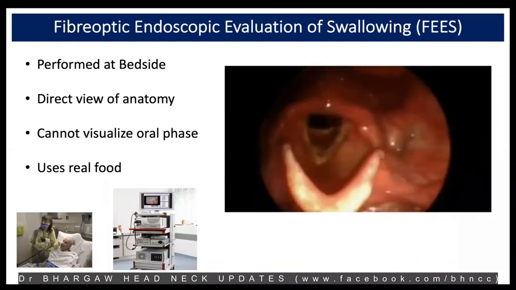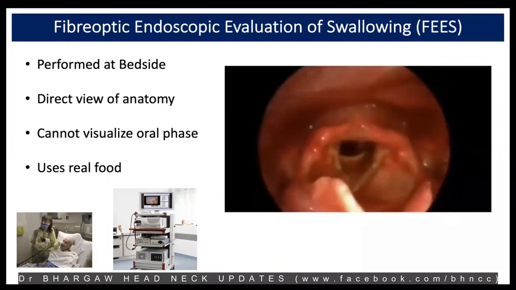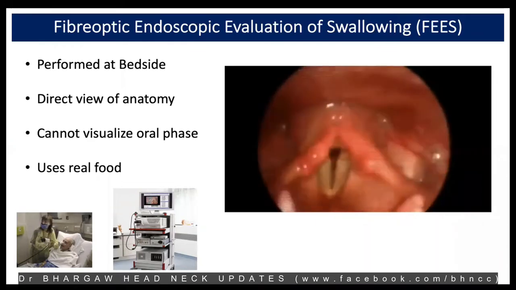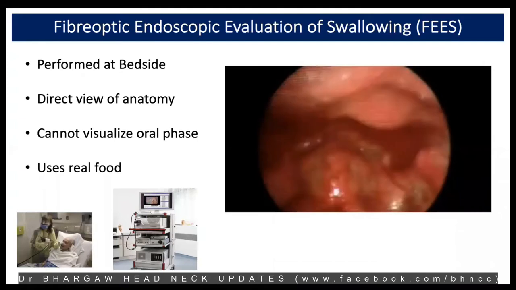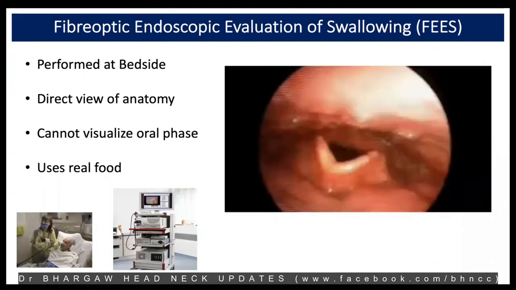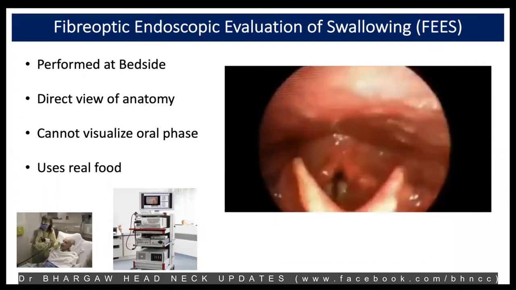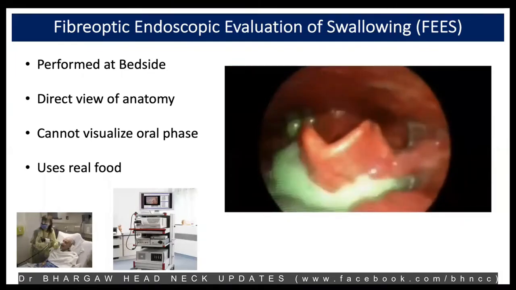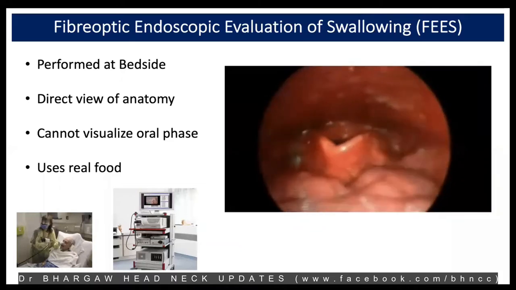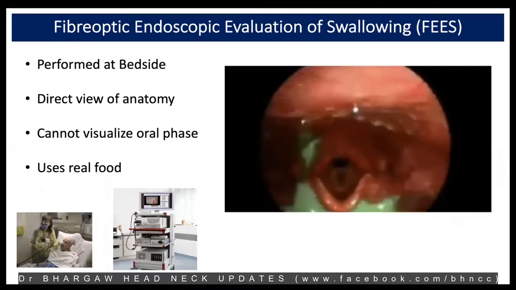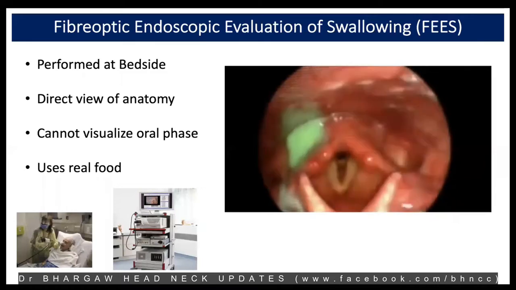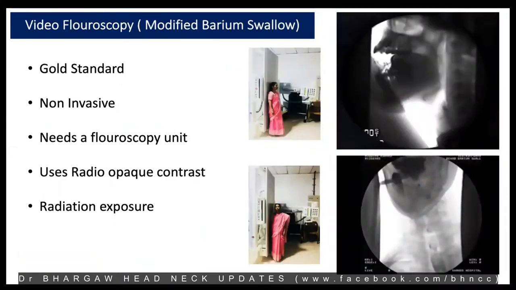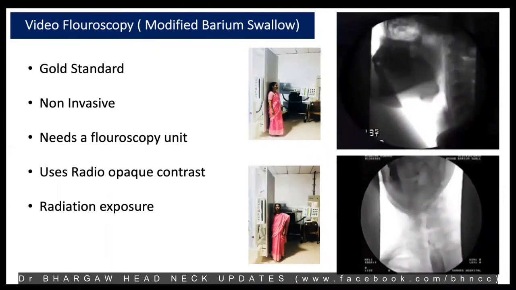You see the whole of the pharynx, nasopharynx, oropharynx, and hypopharynx, and you would also see the posterior part of the oropharynx and the larynx. However, you cannot visualize the oral phase of swallowing. There are some newer techniques to visualize that, but they are still not very popular. And we sometimes use real food in different consistencies to assess the patient's level of dysphagia.